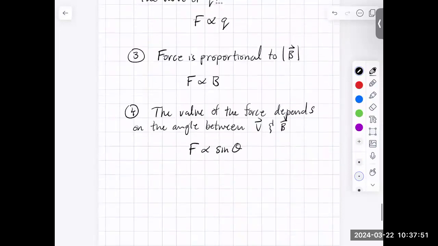So if I had a velocity in one direction, say V, and then I had a magnetic field in some other direction, B, then the angle that matters is this one.